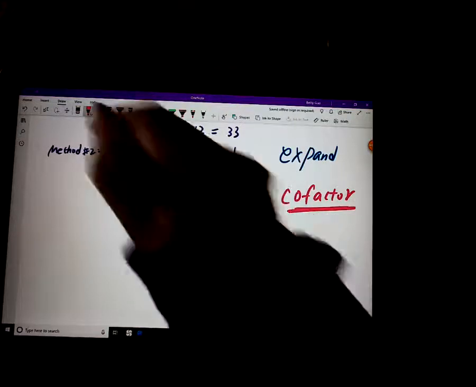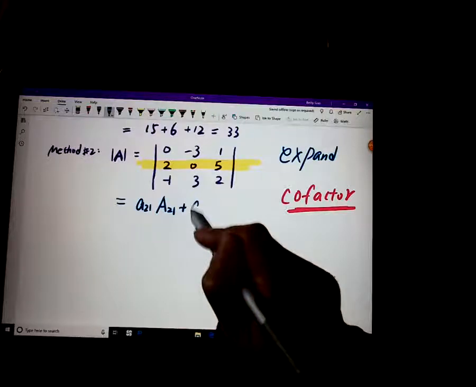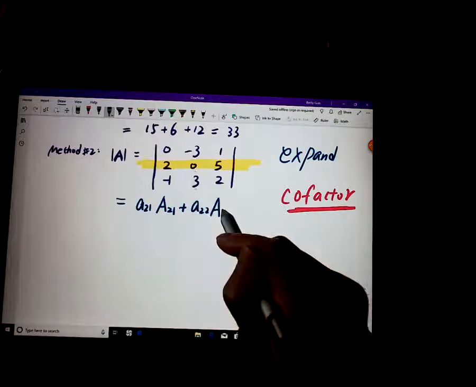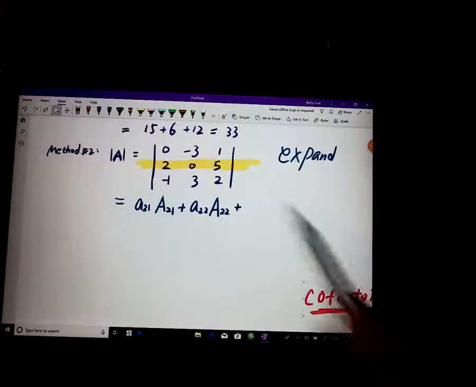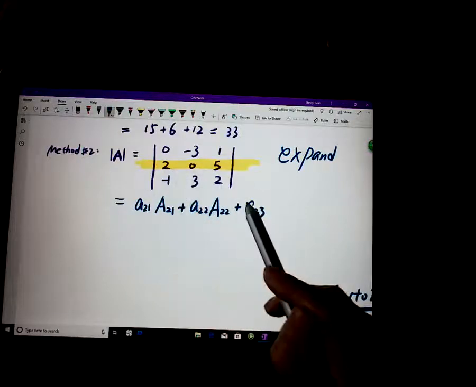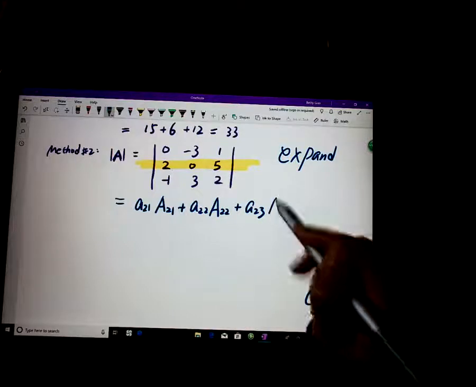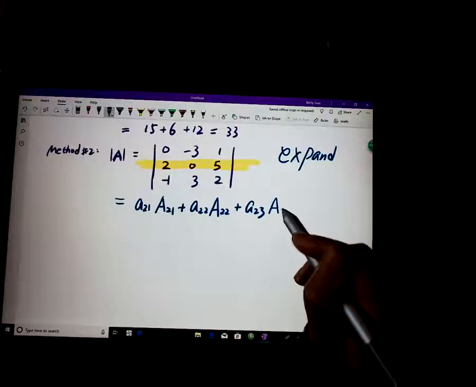And let's keep column 2. So we use A sub 22 to represent that entry. Use A sub 23, row 2, column 3, to represent the entry 5, and then multiply its corresponding cofactor, capital letter A 23.